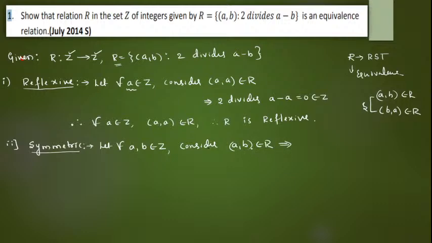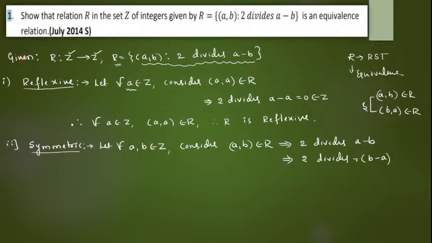So the ordered pair (a, b) belongs to R. According to the condition, what is the concept they have given? It is 2 divides a minus b. Okay, from this I will check. If 2 divides a minus b, then 2 divides, taking minus outside, b minus a.